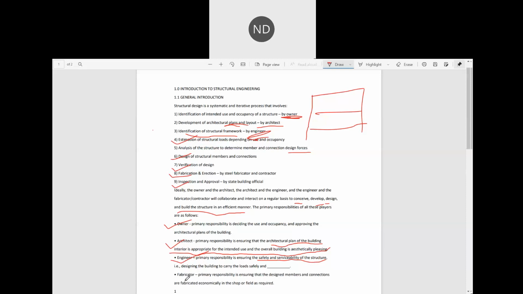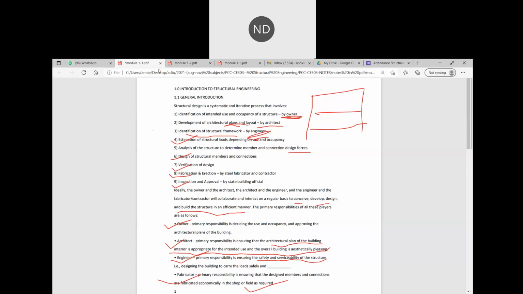Then the fabricator's primary responsibility is to ensure that the designed members and connections are fabricated economically in the shop or field as required. Because fabrication will be required in some of the steel works, etc.